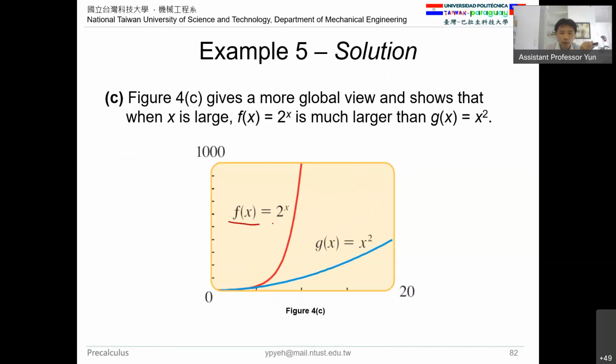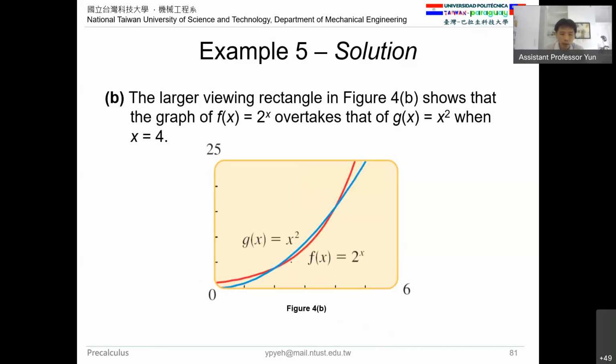The exponential function will increase rapidly, while g of x also increases, but slowly. But if you look into the detail, in some parts, when x is smaller, between regions 2 and 4, the polynomial function increases faster than the exponential.